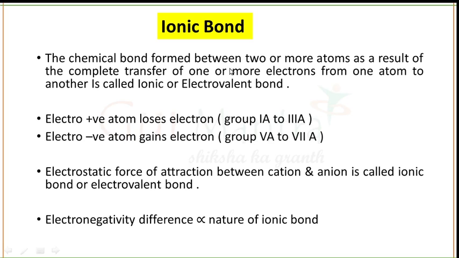As you know, in the covalent bond there was a sharing of electrons between two atoms, while in case of ionic bond, there is a complete transfer of one or more electrons from one atom to another. And when this complete transfer of electrons takes place between two or more atoms, the formation of ionic bond takes place.